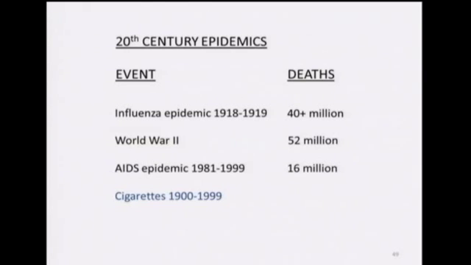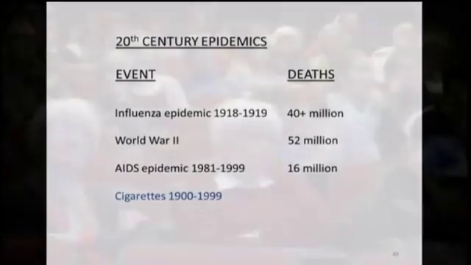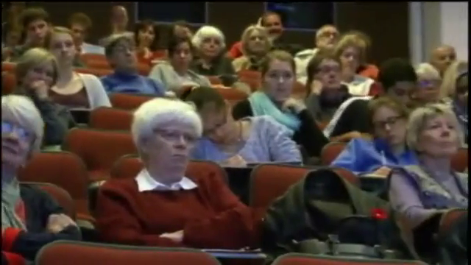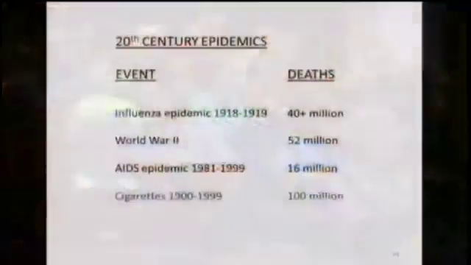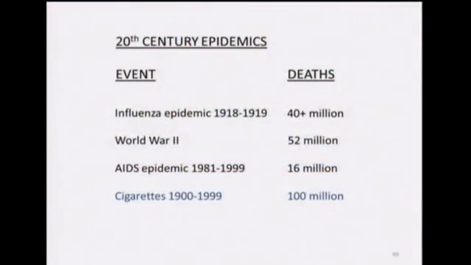So try to come up with a number. So, and let's see how well you guessed. So cigarettes have caused 100 million deaths over the 20th century, and the 21st century will not be better. Cigarettes are marketed all over the planet very aggressively, and continue to be a major problem.